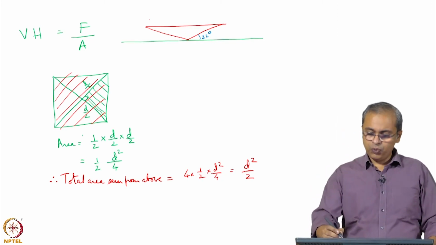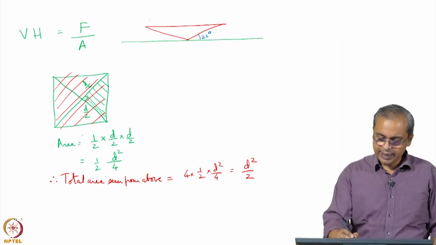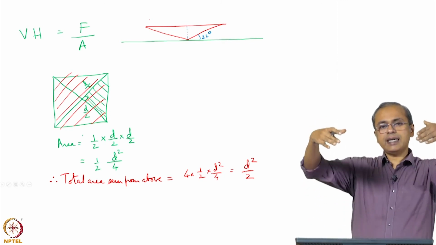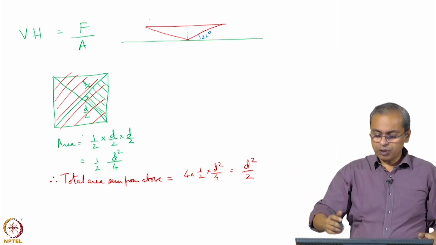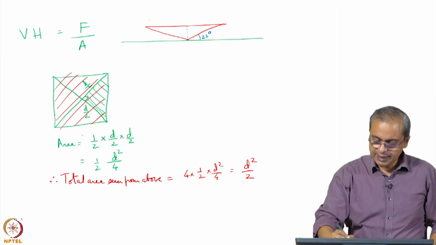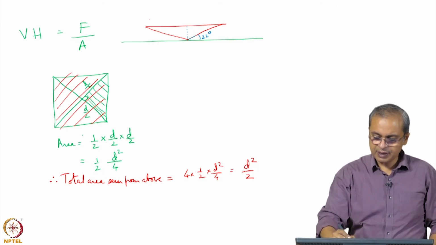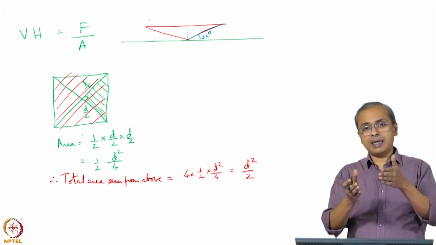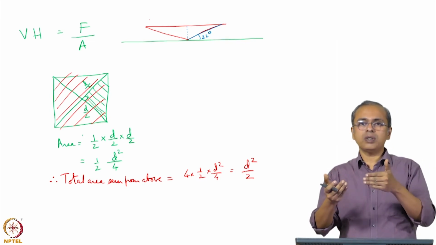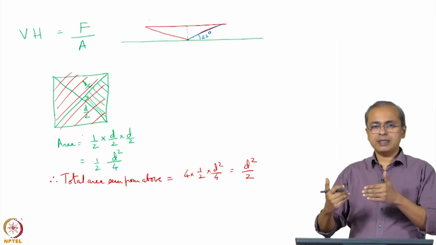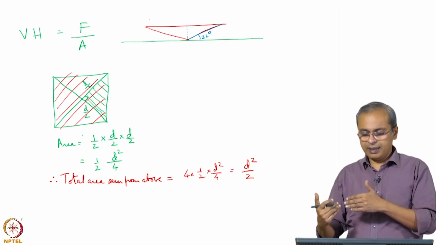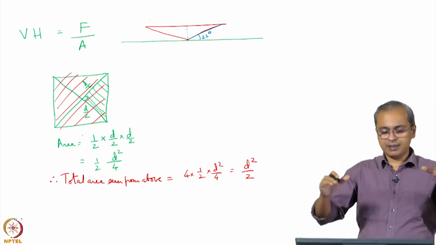Therefore, you are actually seeing the indentation from the top, and you are missing the fact that the surface is at an angle and therefore has more area. So you have to account for the fact that you are only seeing the projection of that area on the flat surface.